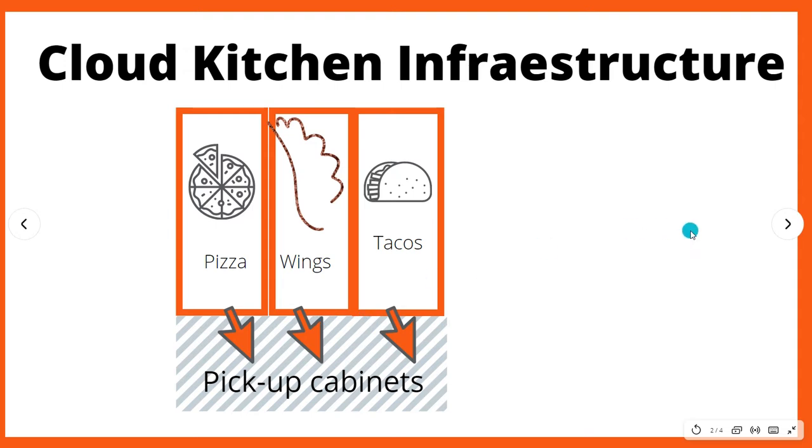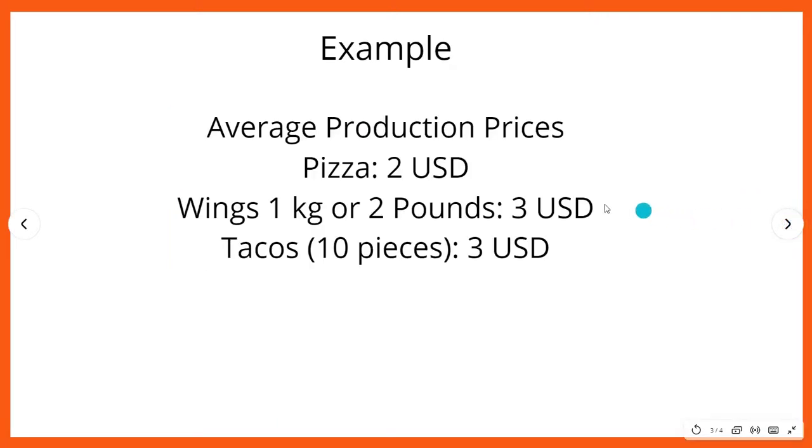But to explain in more detail how to obtain the profit that you really want, I'm going to explain with an example. For this you must know your average production prices. For example, your pizza may cost probably $2, 1 kilogram or 2 pounds, which is similar, of wings $3, and 10 tacos $3.